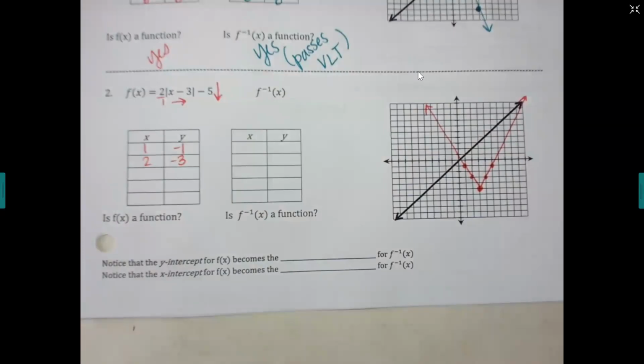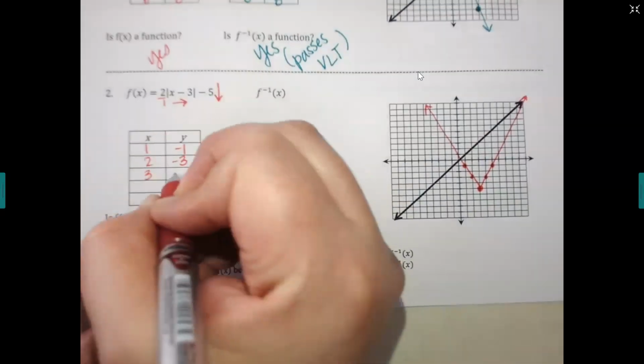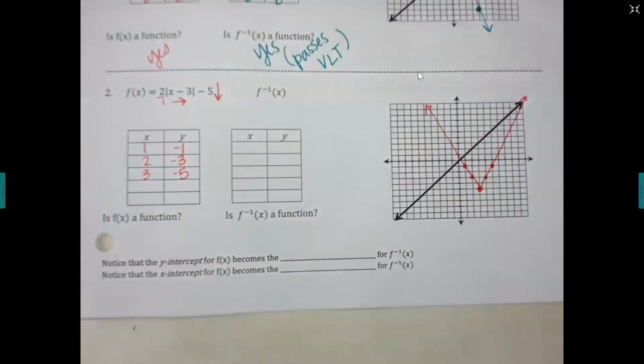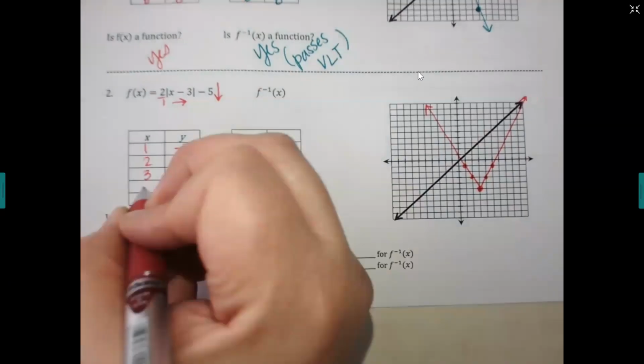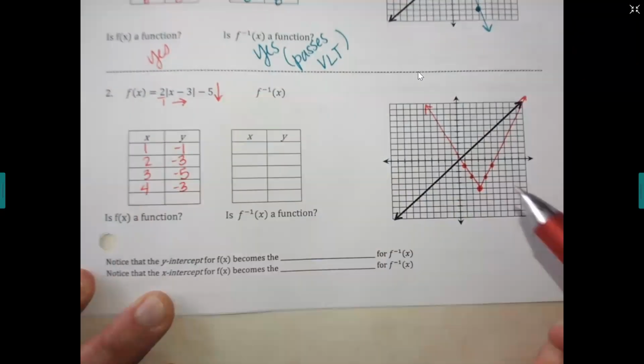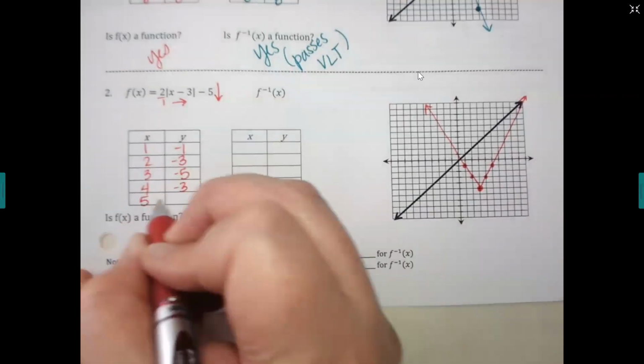Then my vertex point right here was 3, -5, because remember I went over 3 and down 5. Okay, my next point right here, 4, -3. And then I need this last point right here. What would that be? Okay, 5, -1.